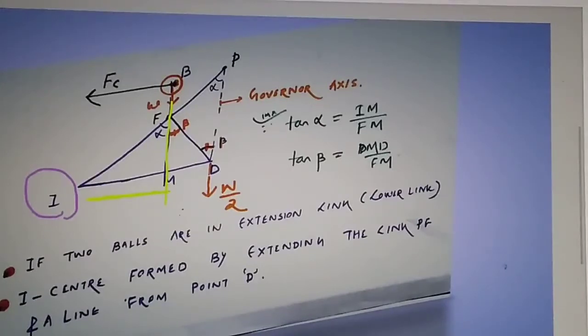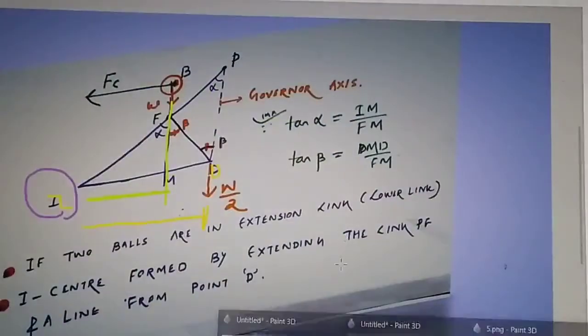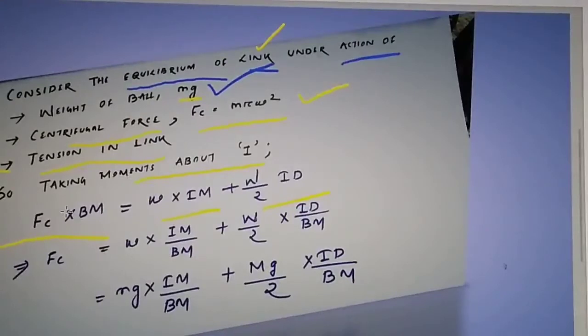Similarly W by 2, this one is the W by 2, and here the perpendicular distance is ID. So for the moment you have to multiply the force into the perpendicular distance. Okay, so you write the equation now.